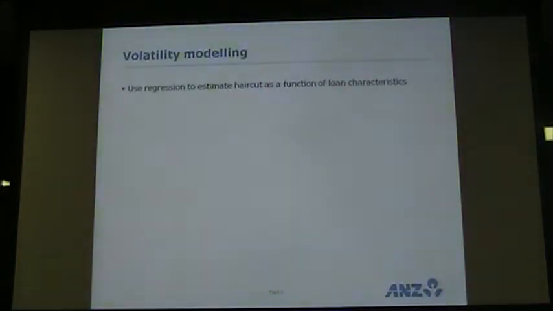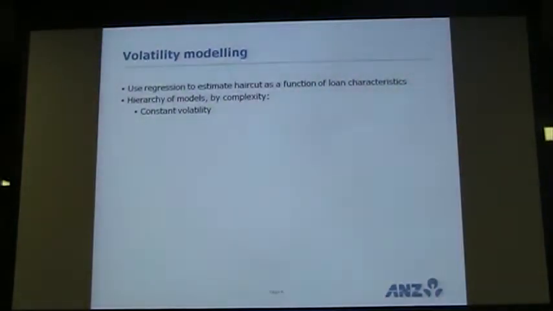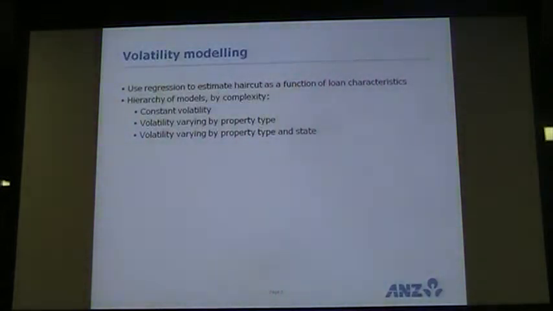So what I'm going to do is essentially just use regression to estimate that haircut as a function of loan characteristics. And you've got a hierarchy of models by complexity. You've got constant volatility, so you just assume constant standard deviation for every observation. You might have volatility varying by property type and state.